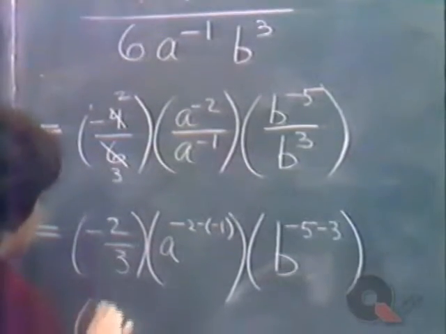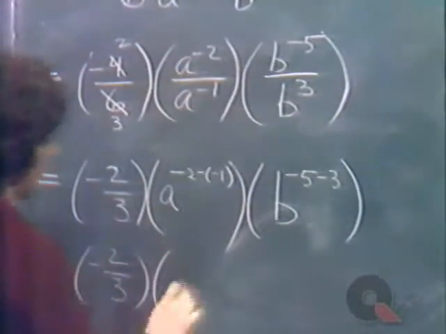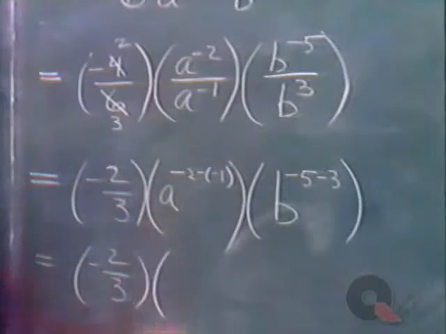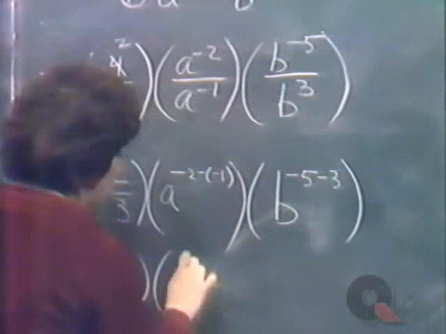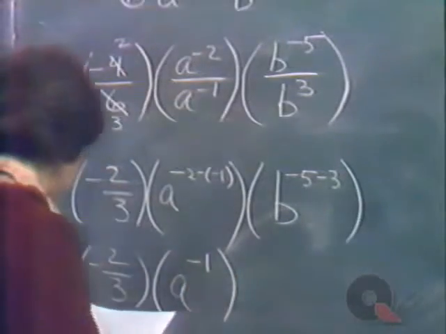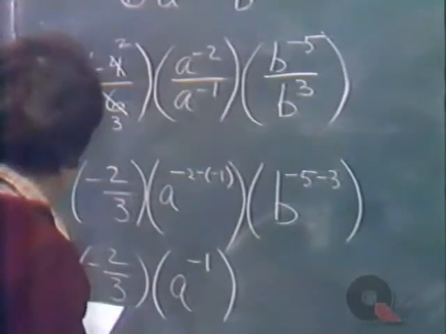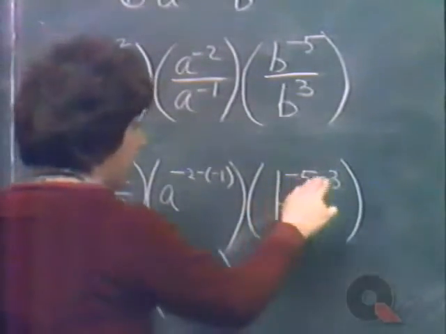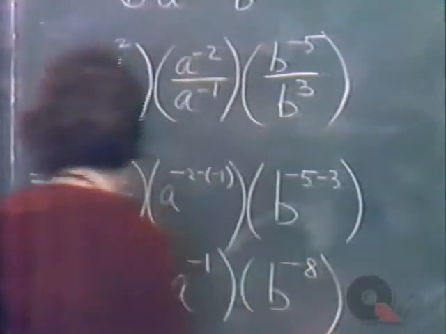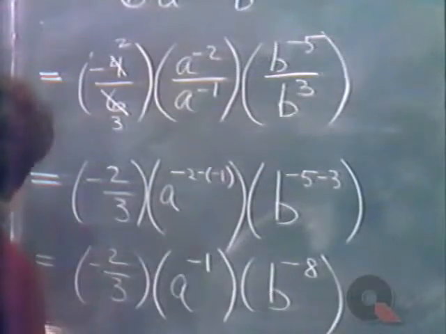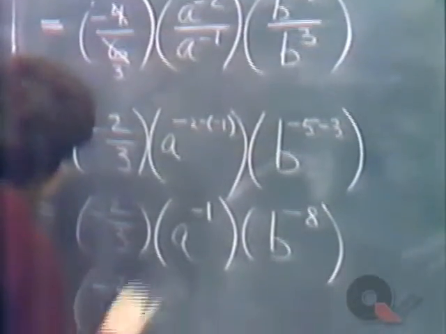So we have minus 2/3. Minus 2 take away a minus 1 is minus 2 and plus 1, giving us minus 1. And b to the minus 5 minus 3 is b to the minus 8th power.